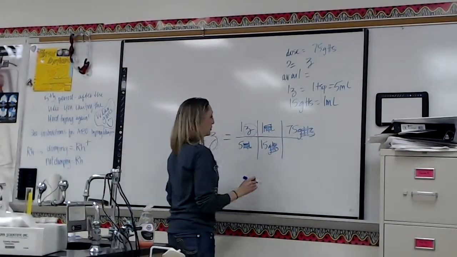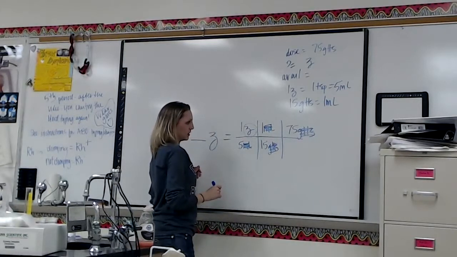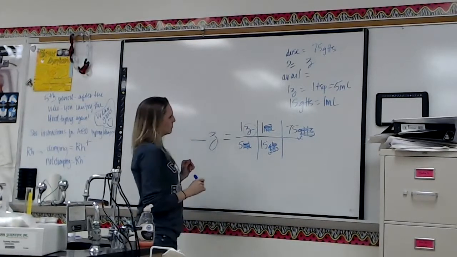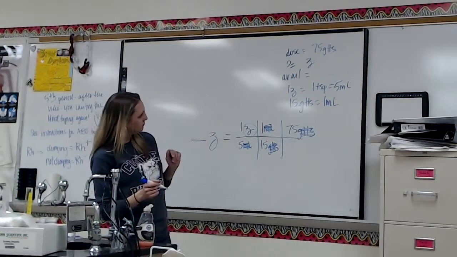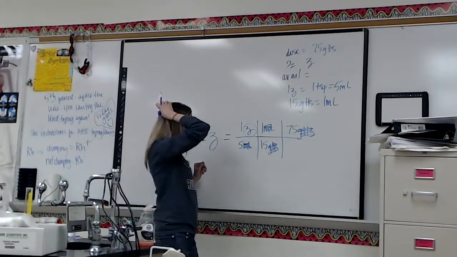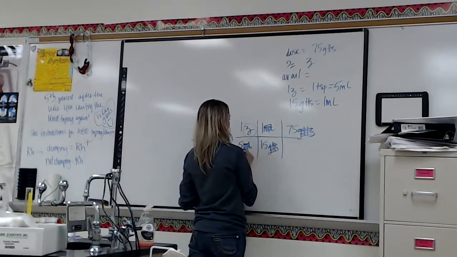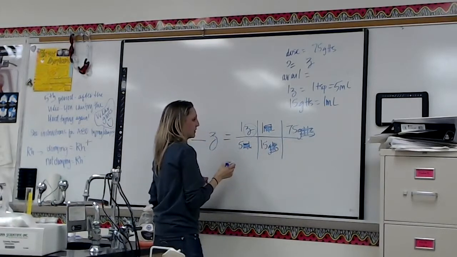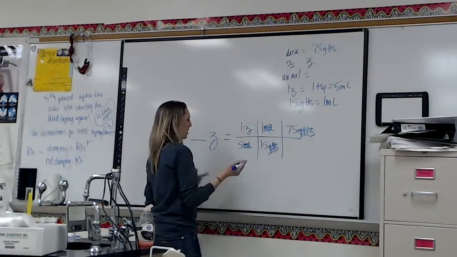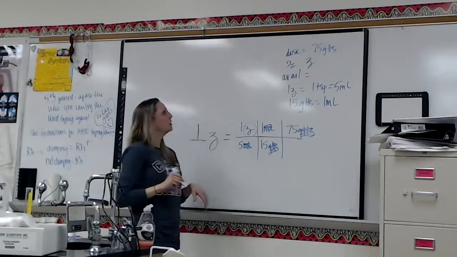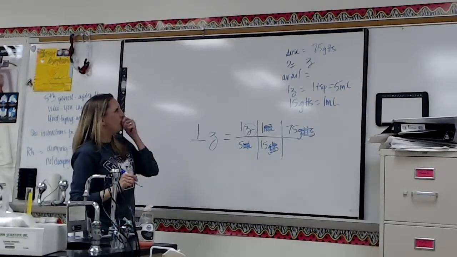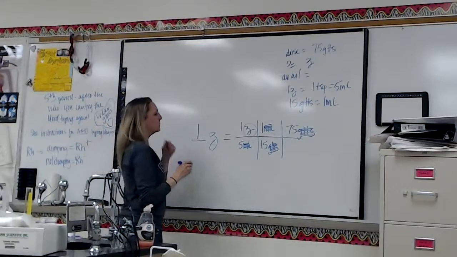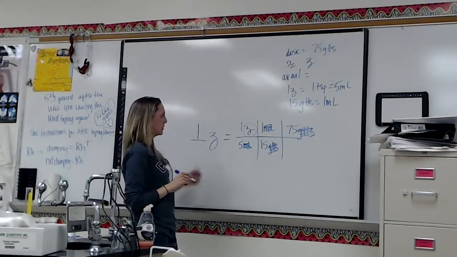Now I can just do the multiplication. 5 times 15 is 75, so it's going to be 1. So the answer to this one is 1 dram.